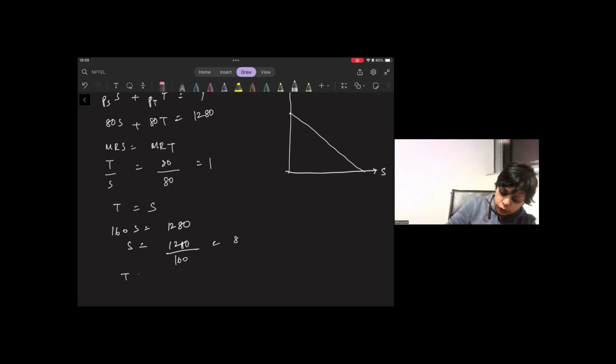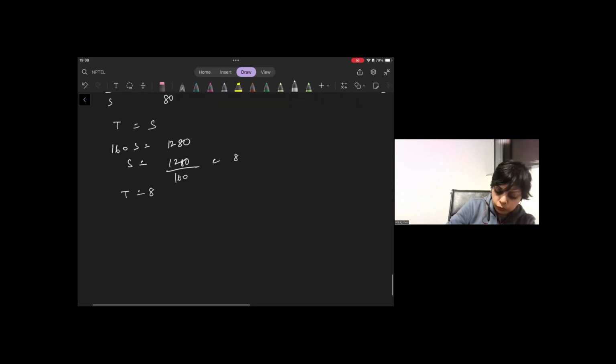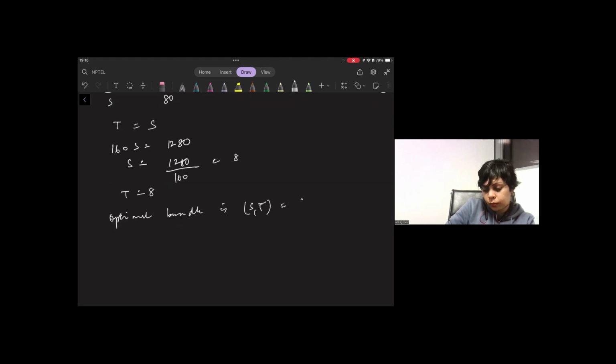So T is also equal to 8. So this was again not a very complicated question, but it just requires you to think beyond the language.